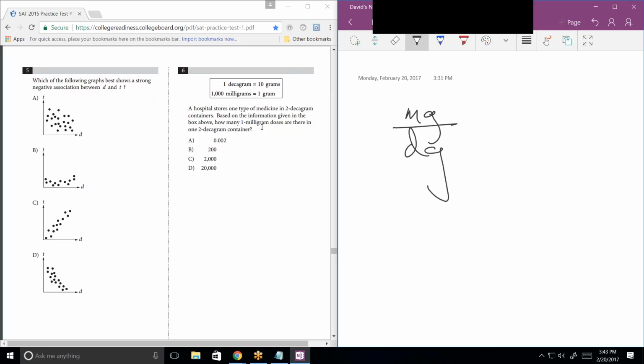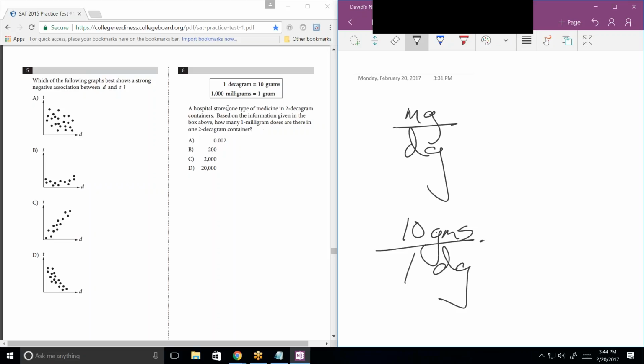Well, we know that there is 10 grams per 1 decagram, and notice that I made that 10 over 1, not 1 over 10. In other words, I want grams in the numerator.